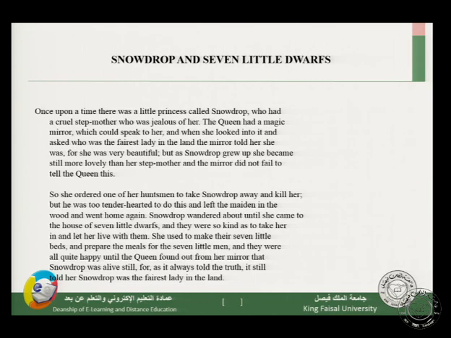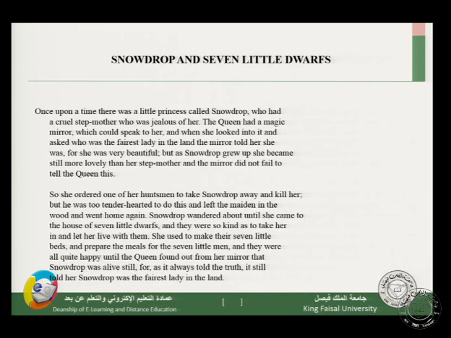When she ate that poisoned apple, the dwarfs thought that she had died, and they put her in a glass coffin and wanted to bury her. But on the way, a prince saw the dwarfs with this little beautiful princess, and he begged them to give the princess to him.